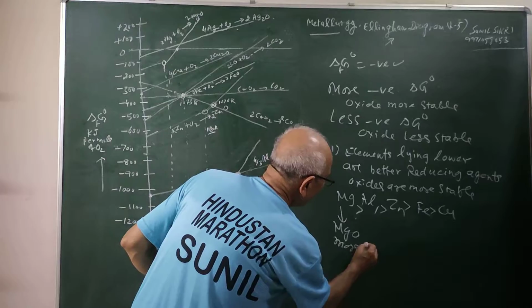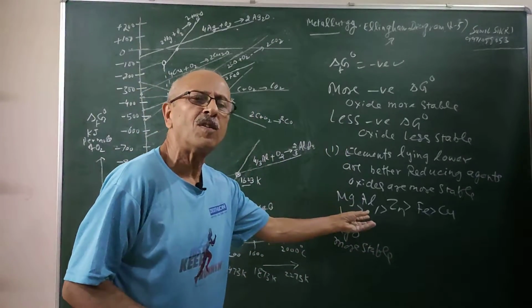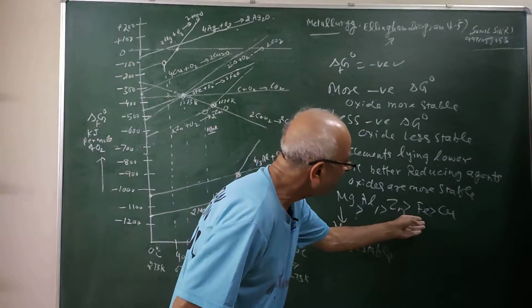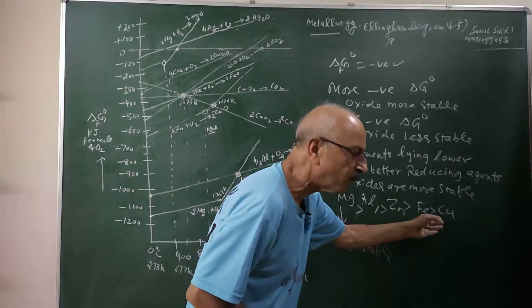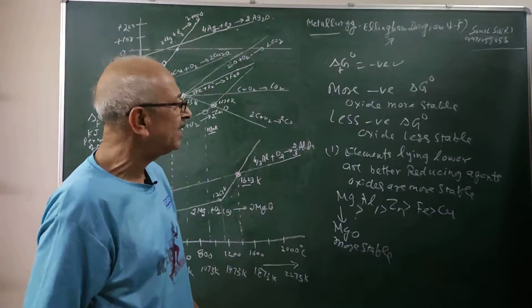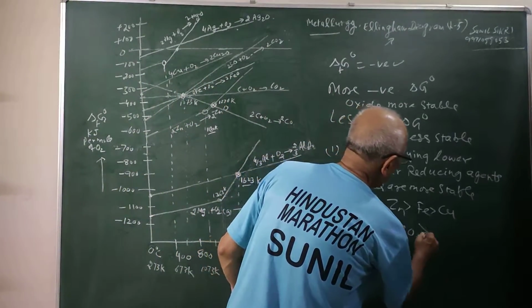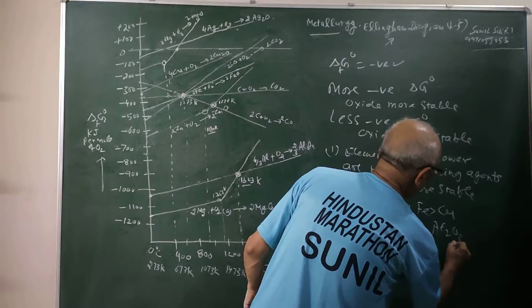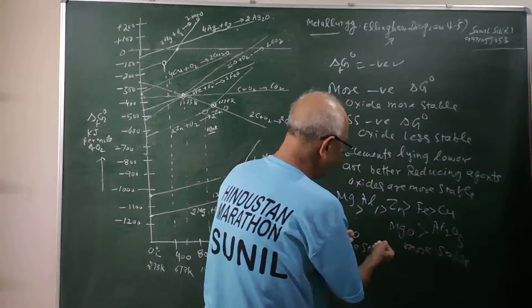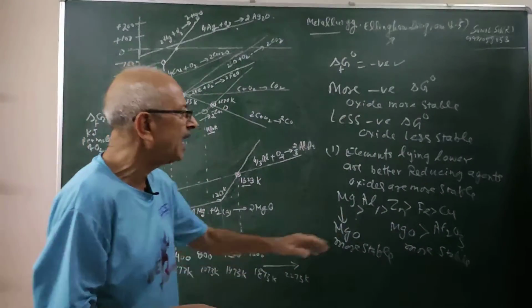So magnesium can react with the oxide of aluminium, zinc, iron, and copper and snatch the oxygen, because magnesium oxide is more stable than Al2O3. MgO is more stable than Al2O3. So if I add magnesium to Al2O3, magnesium will snatch the oxygen from Al2O3.